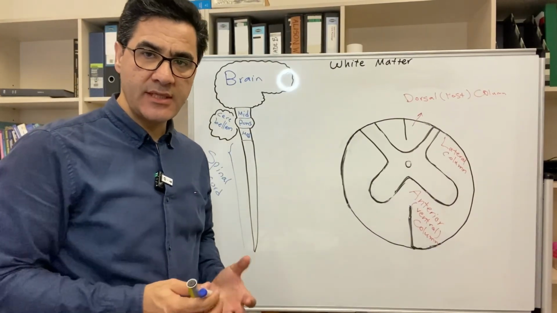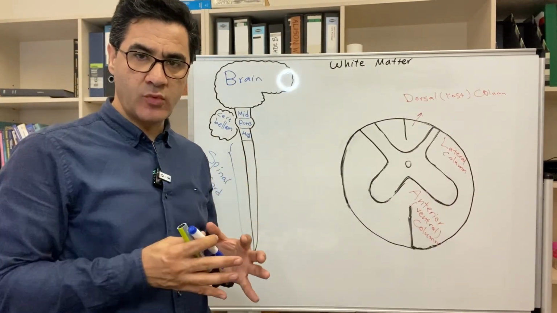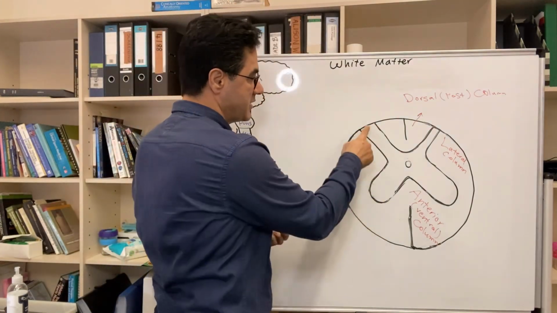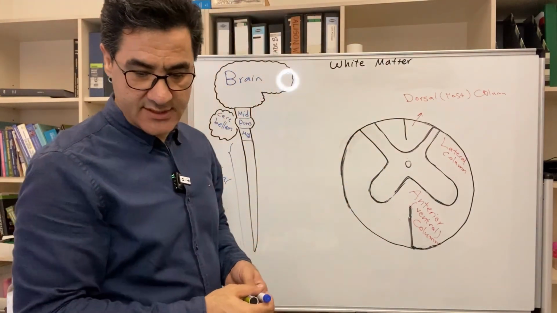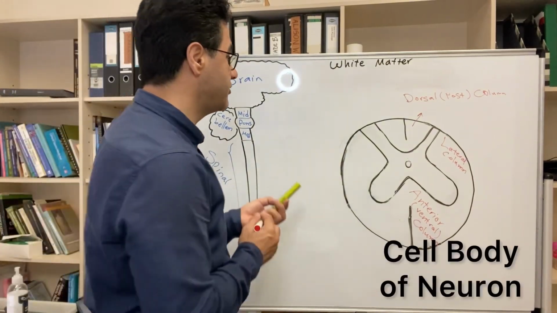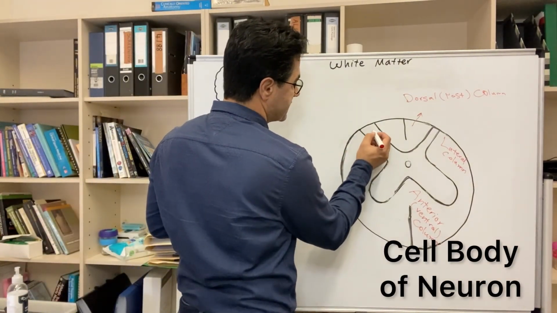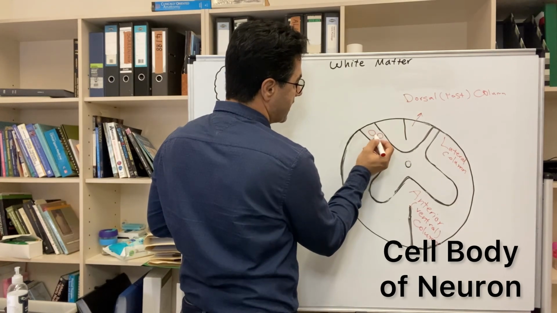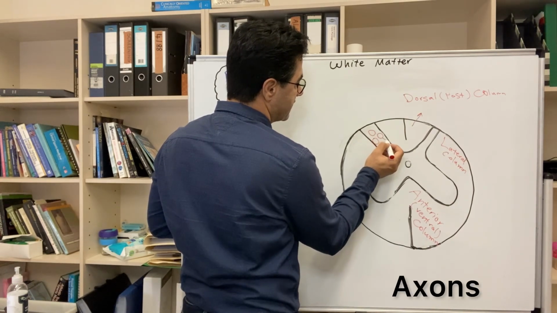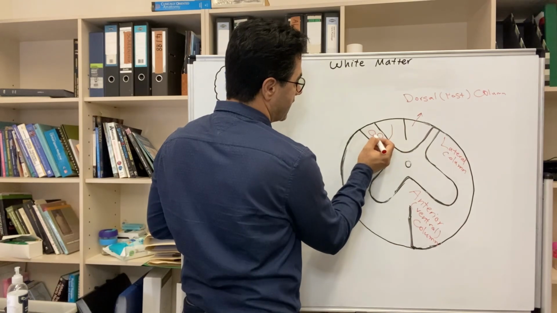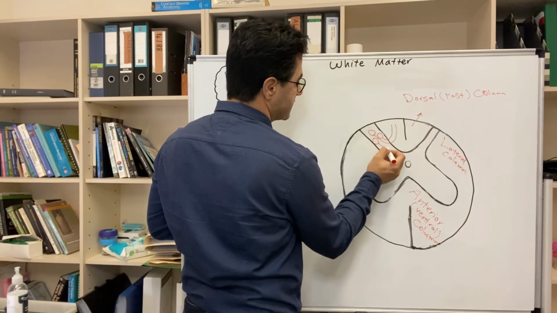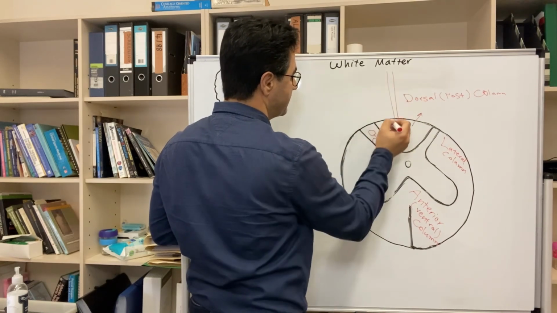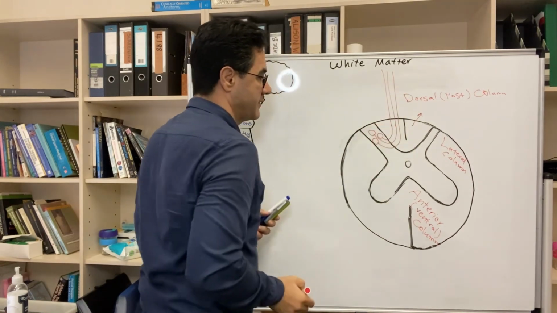So what is the content of the white matter? As I mentioned before, within the gray matter we have the cell bodies of the neurons. So imagine that we have a cell body here, and the axons of this cell body come out and get into the white matter like this, and they go up, ascending like this.